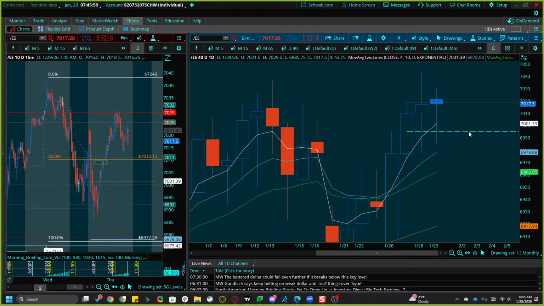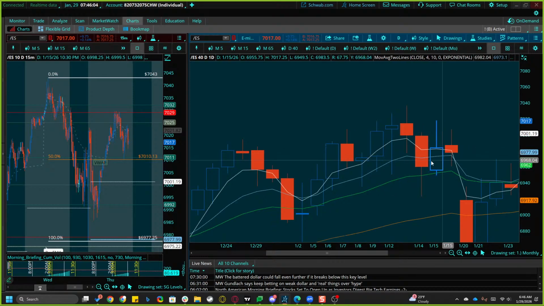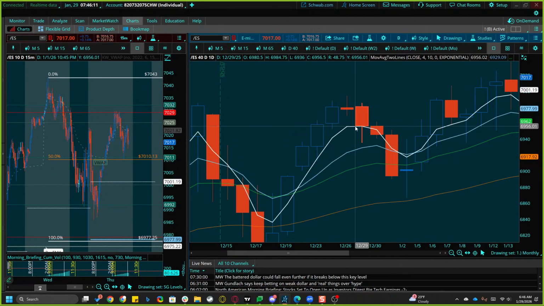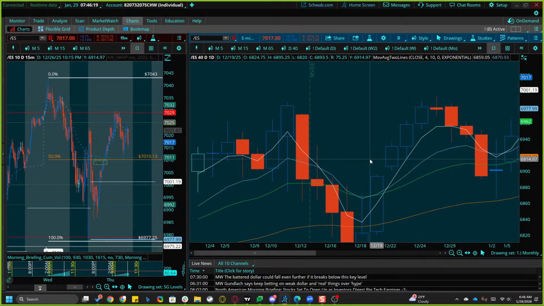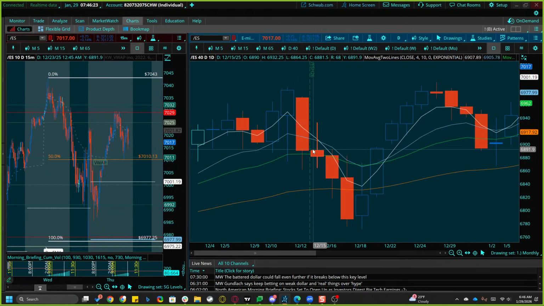But it's not just price getting below the 10. It's got to get below the 10 and move below it far enough, fast enough that it drags the 3 through the 10. In this situation back here, we eased our way down through the 10 and we didn't keep it. So the 3 just tangled up. Back here, we cut through that 10 and escaped with velocity below it and brought that 3 along for the ride.